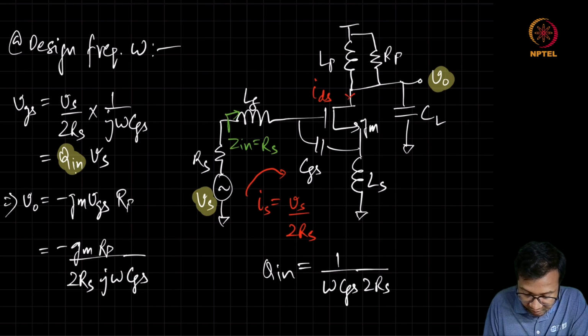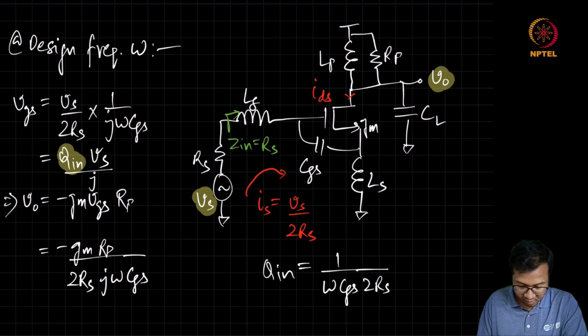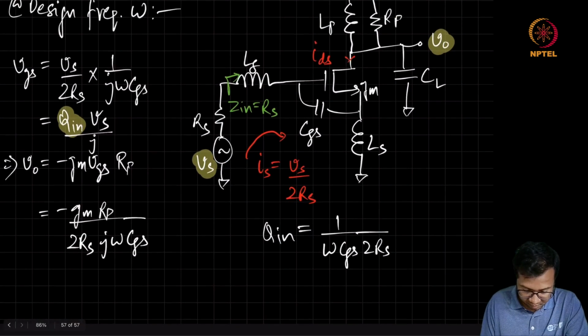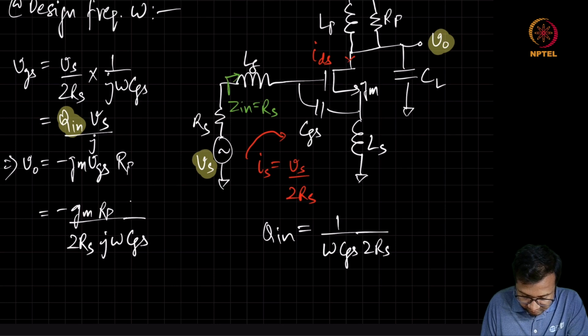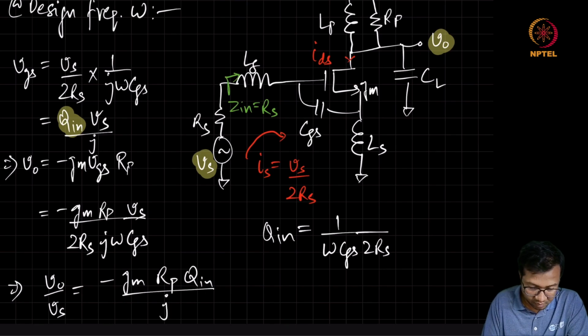And of course, this extra j will also come into the picture. So if we simplify, the gain Vo by Vs becomes minus GM RP into Q in divided by j.